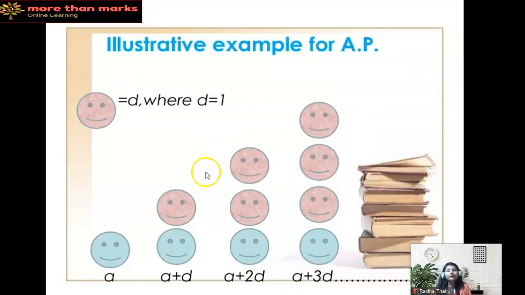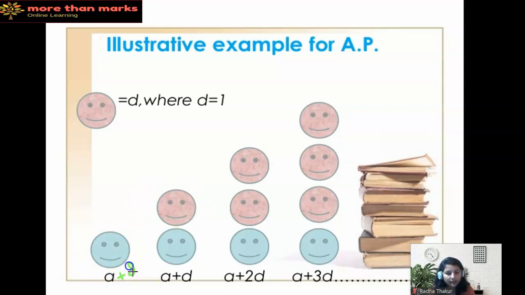Now just observe this pattern. D is the common difference. I am taking a pink smiley for D, and D is equal to 1. Any series starts with the first term, and you can take any term as the first term. So let's suppose this blue smiley is your first term, A. Then for getting the next term, what do we do?